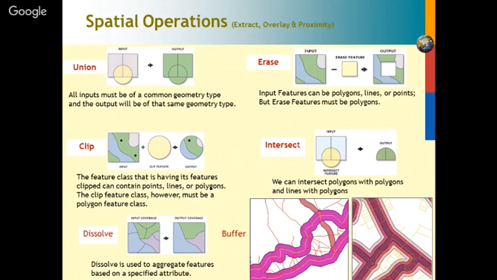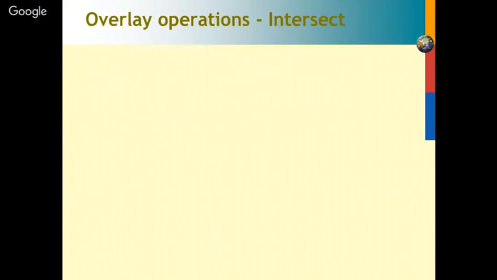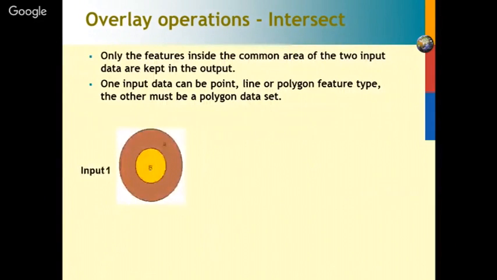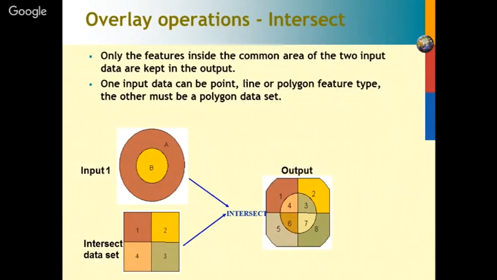These tools are specifically applicable to vector-based datasets. Now we'll see the attributes generated in each of these operations: how the spatial datasets are created, and correspondingly how the attributes get transferred from one dataset to the other.